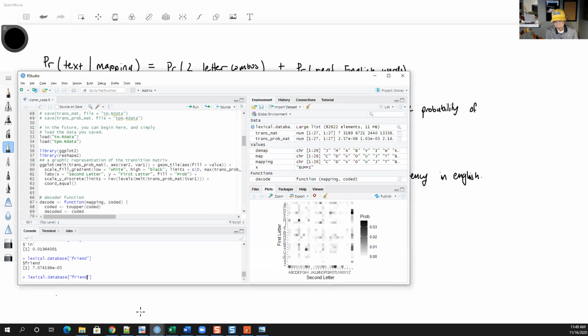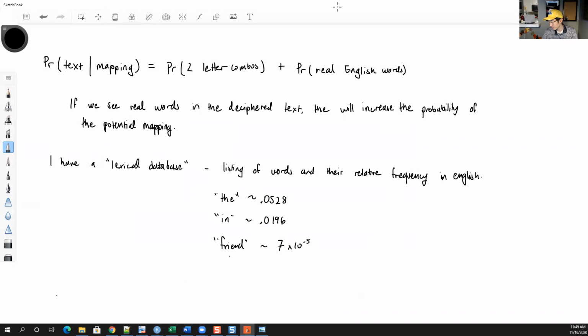And if I do friendship, that gets used even less frequently, 1.7 times 10 to the negative 5. So the lexical database has a whole bunch of words and their corresponding probabilities.